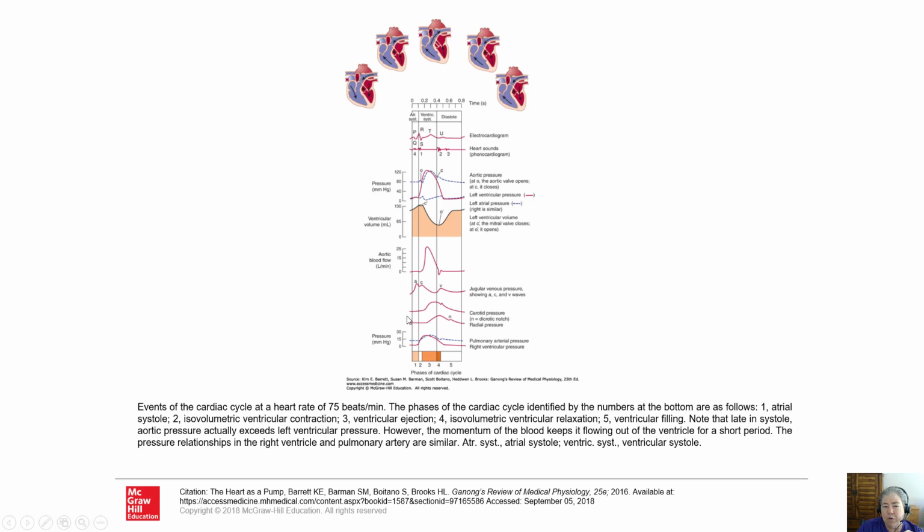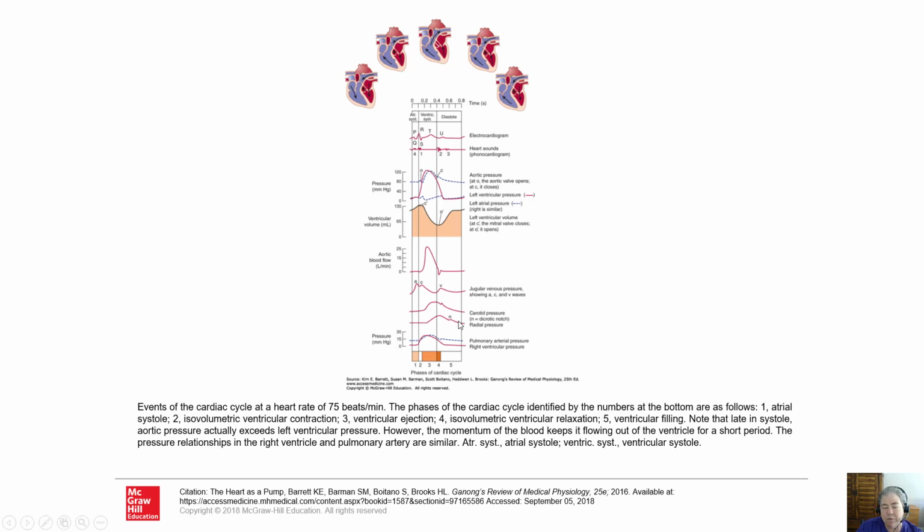It's showing pressures in the carotid, and you see these little bumps. This is called the dicrotic notch, which is a little bump in pressure when the aortic valve closes. And then radial pressure. So the pulse, this is basically carotid pulse and radial pulse.